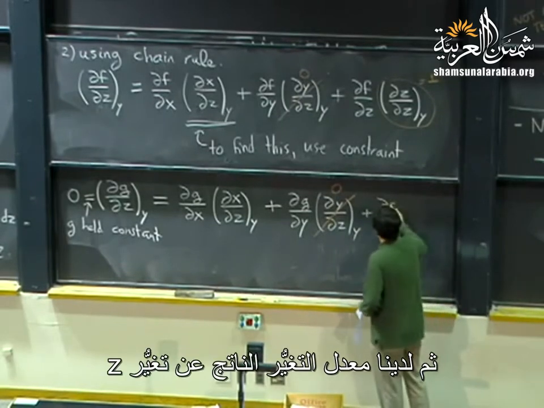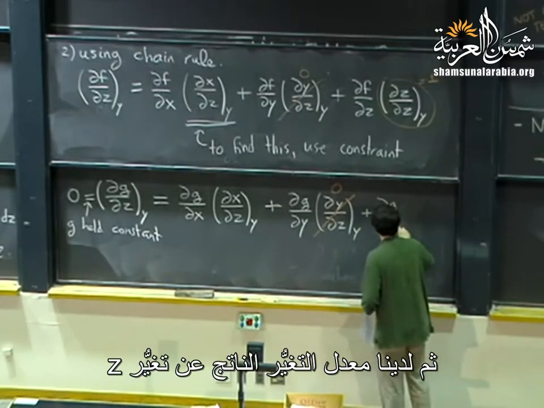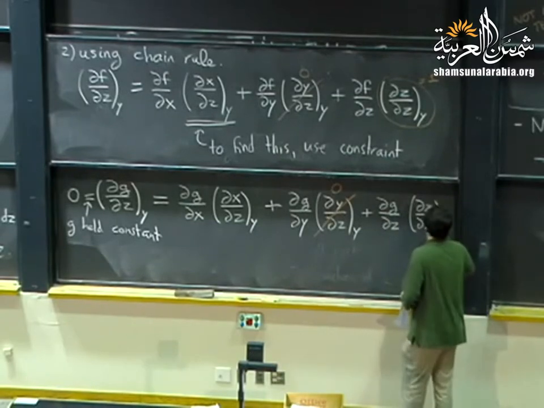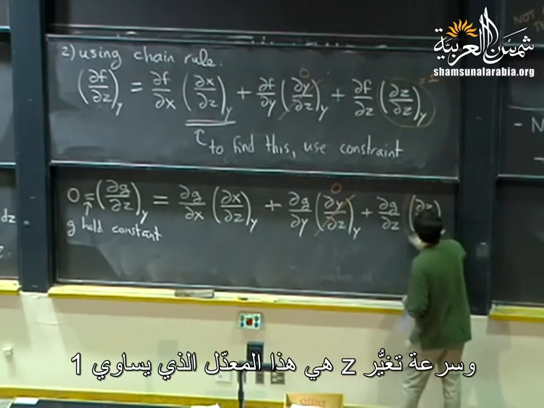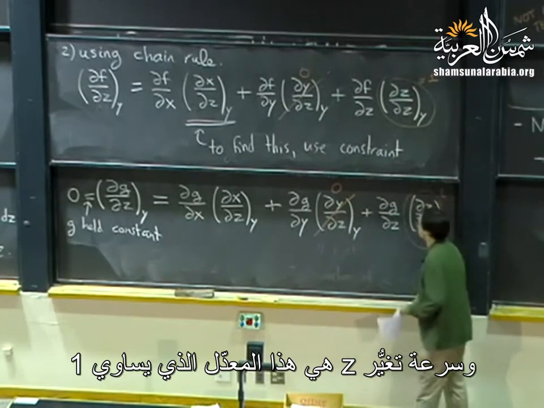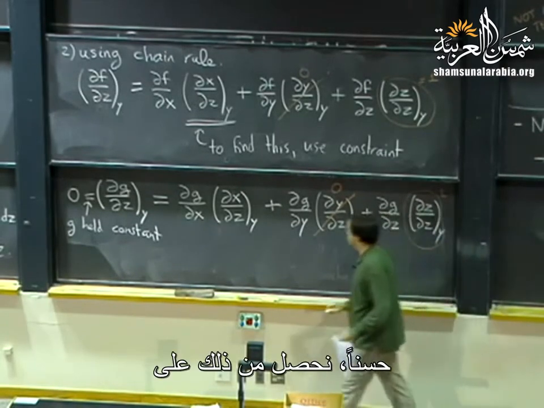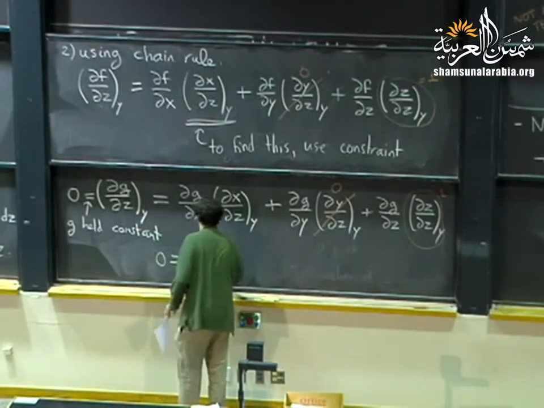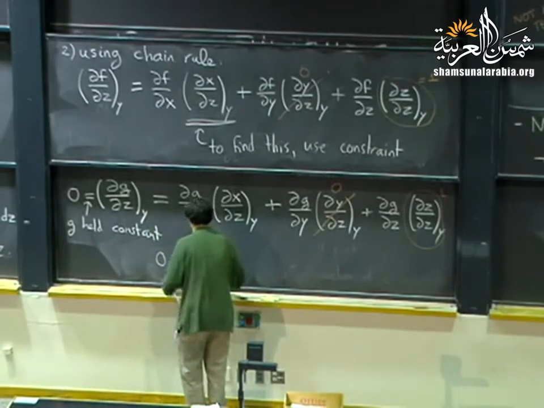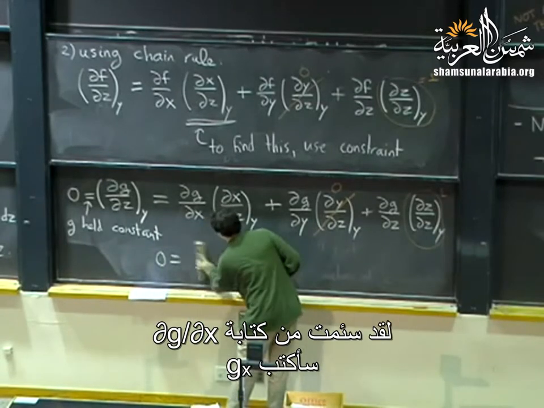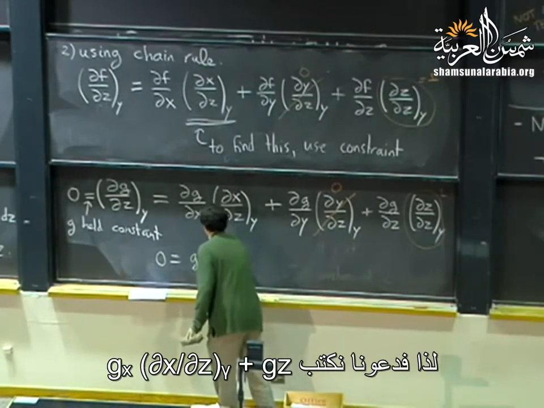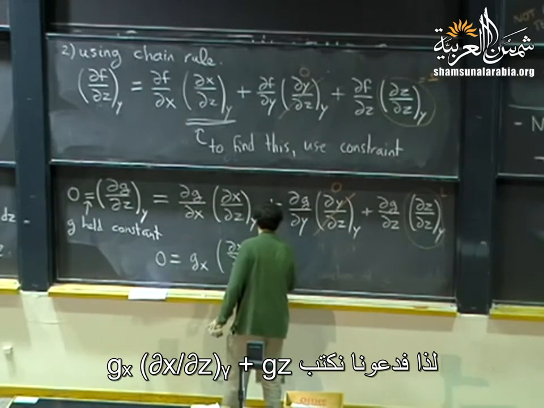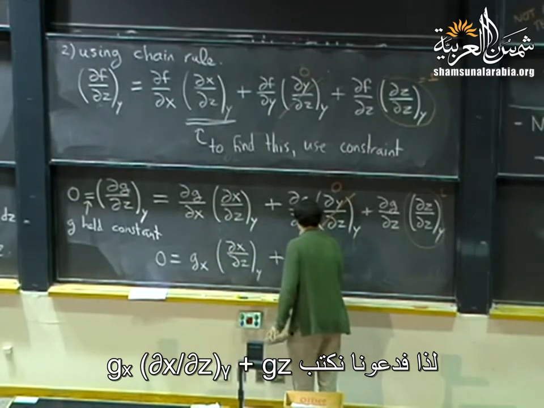And then there's the rate of change because z changes. And how quickly z changes here, of course, is 1. Okay? So out of this, you get that. Well, I'm tired of writing partial g, partial x. So let me just write g sub x times partial x, partial z, y constant, plus g sub z.